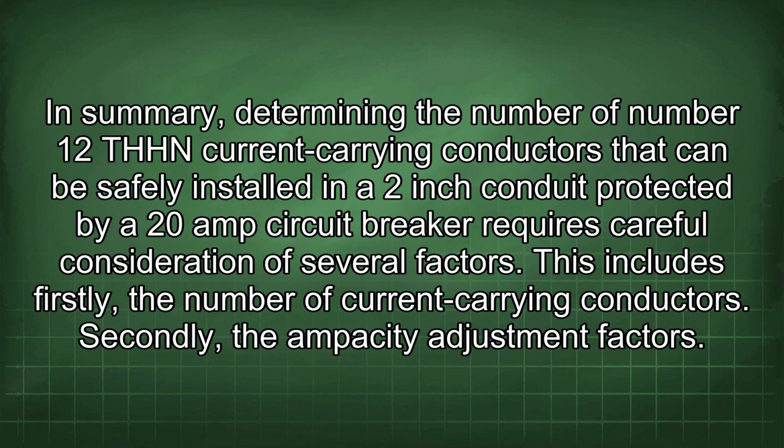In summary, determining the number of number 12 THHN current carrying conductors that can be safely installed in a 2-inch conduit protected by a 20 amp circuit breaker requires careful consideration of several factors.